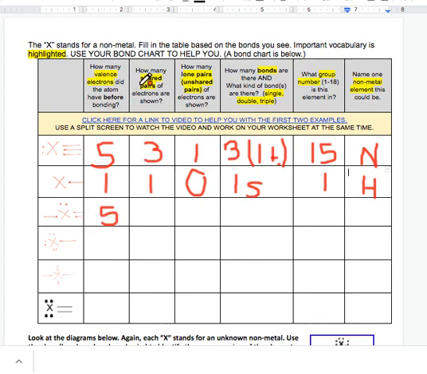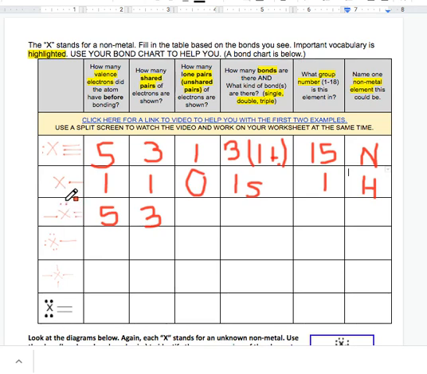And then we see how many shared pairs. That's the bonds shared, 1, 2, 3. And how many lone pairs or unshared pairs? That's the dots.